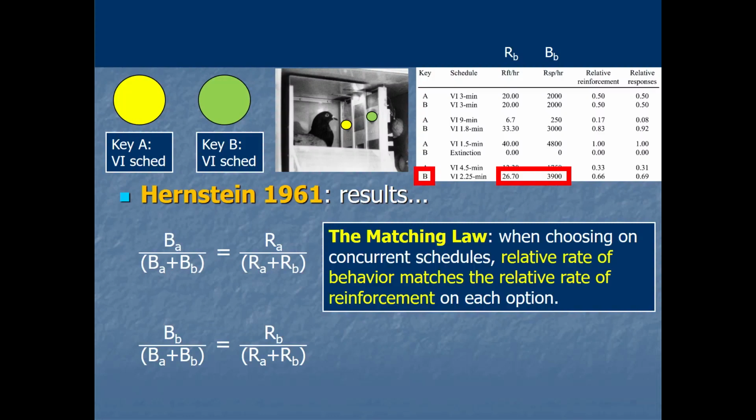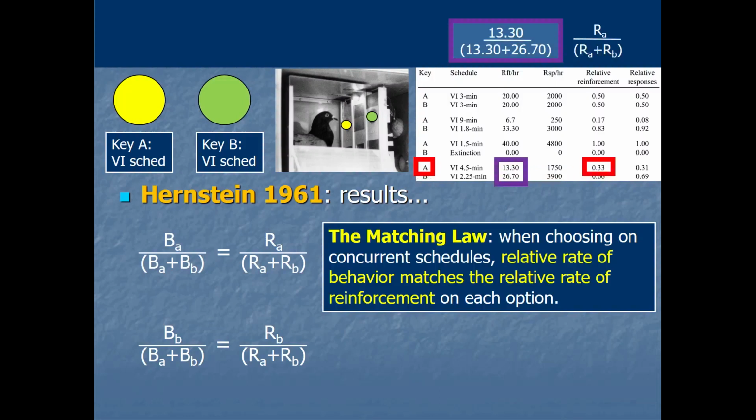And we've got the reinforcement available on key B, which is the R sub B. We've got the behaviors they've done on key B, which is the B for behavior, with a sub B for the second option, meaning how many behaviors they did on the green key. So the relative rate of reinforcement would just be 13.3 divided by the total, which is 13.3 plus 26.7.